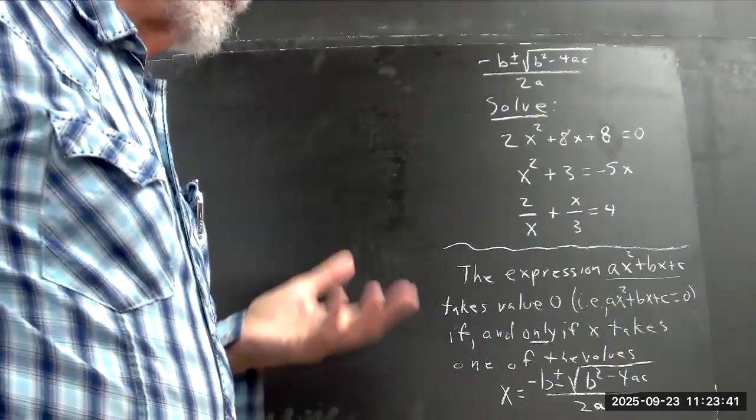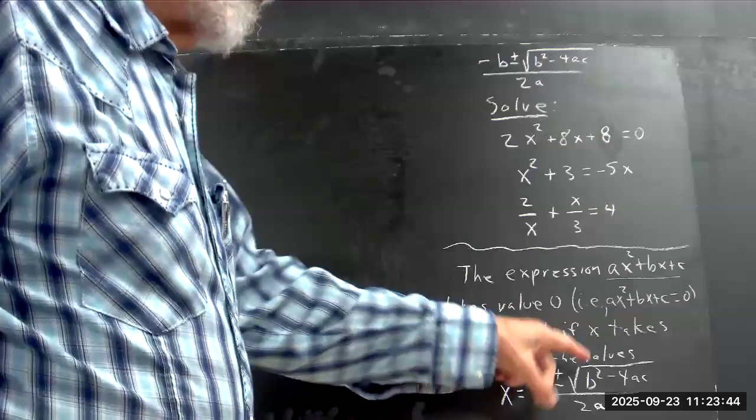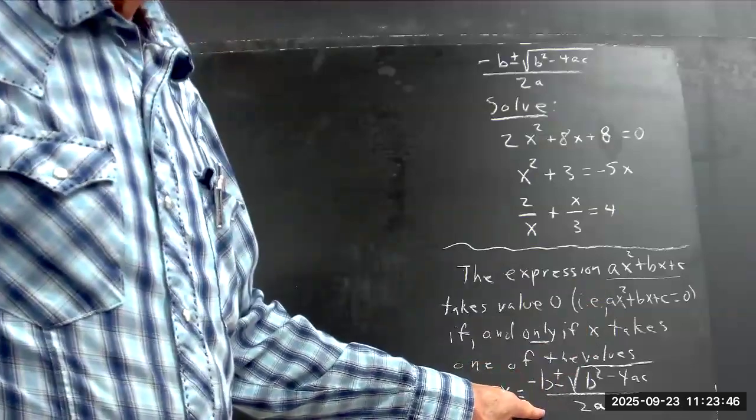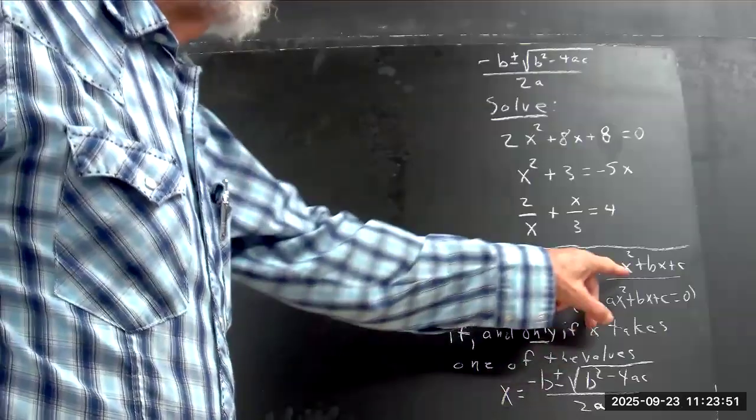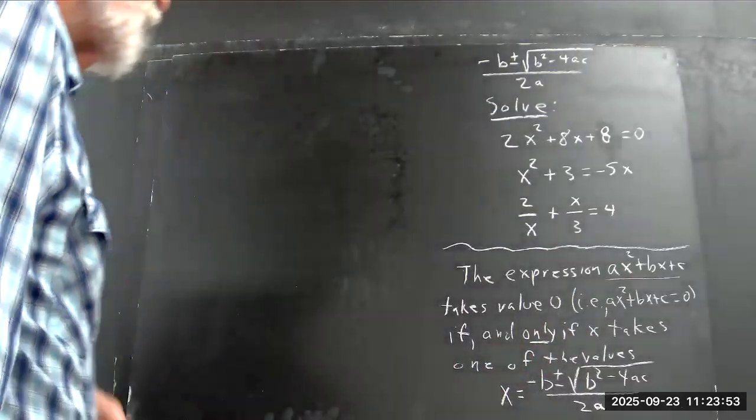This is what the quadratic formula says. It says the only way this can be zero is if x takes one of these values. And if x takes one of these values, then this expression will be zero.